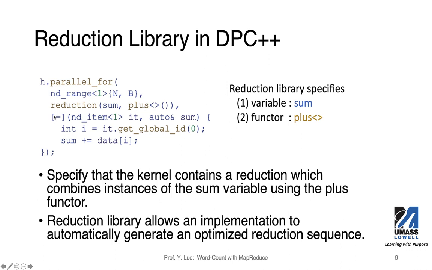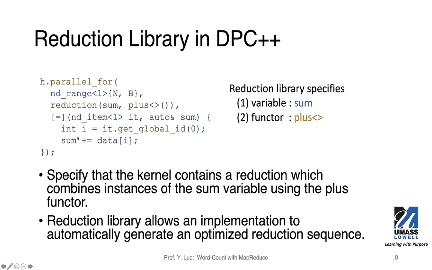And then we are defining the lambda function, and we say that this is passing in the variables as values, and also we use this it as the iteration variable to go through this nd_range. And auto(sum), this is to say that we're going to be using sum as the reduction variable for the accumulation function, since we're using plus.